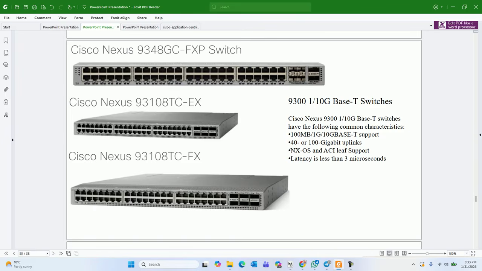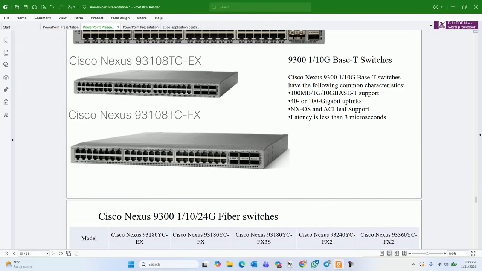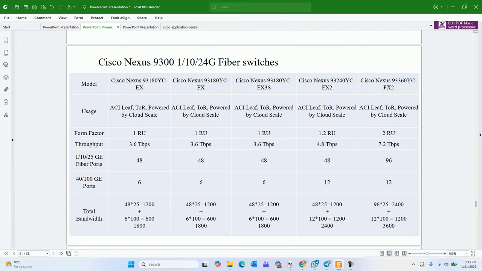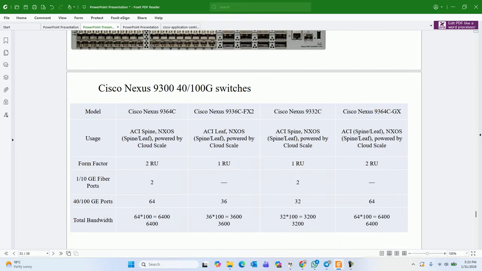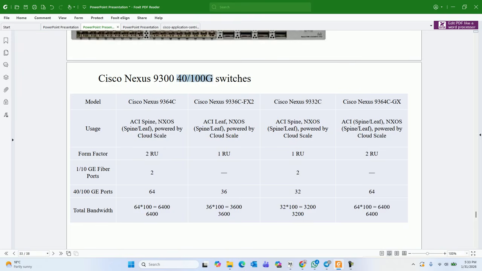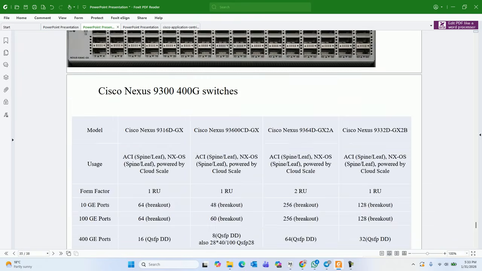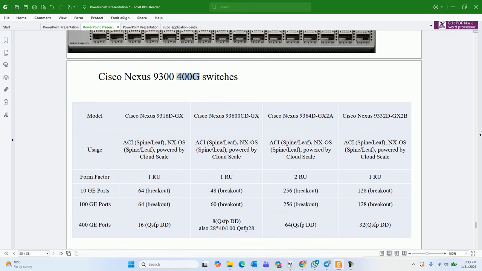This is the 9300 series with 1 to 10 Gbps if you need that speed. If you need switches with 40 to 100 Gbps, you have these platforms. And if you want 400 Gbps switches, these are the options.